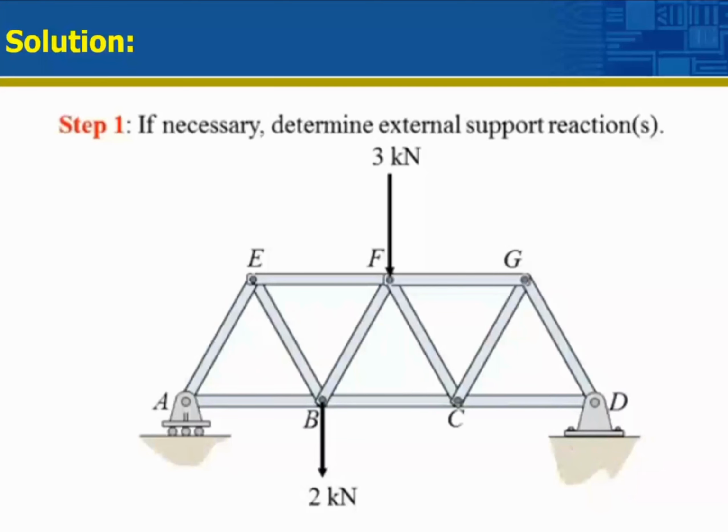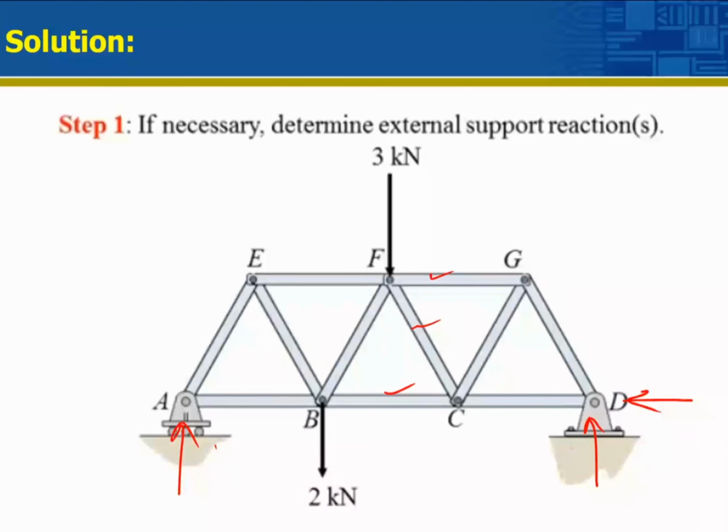Remember? Is that clear? So if I'm not able to find the forces in those members, I get a lot of equations. So the obvious thing to do is to draw the free body diagram of the whole system.